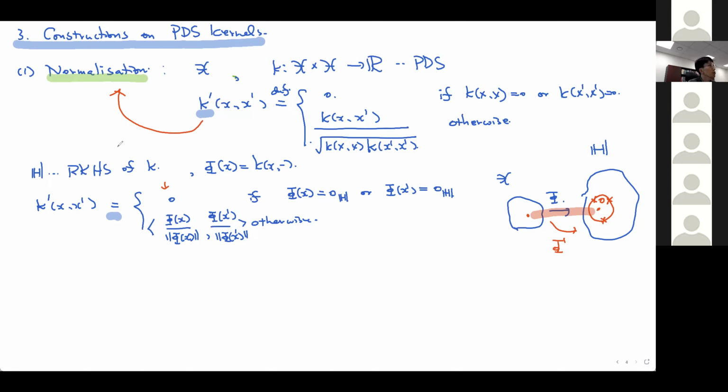Just to sum up, the normalization definition is simple, but in terms of features, we change the feature map so that in terms of the new feature map, all the elements will be either mapped to 0 or points on the sphere. So when you use K prime, we are really only measuring the angles between two elements in this new space.